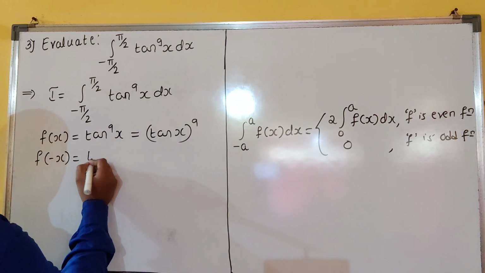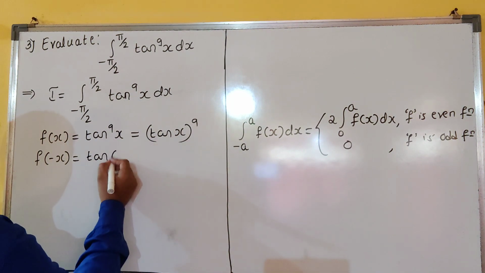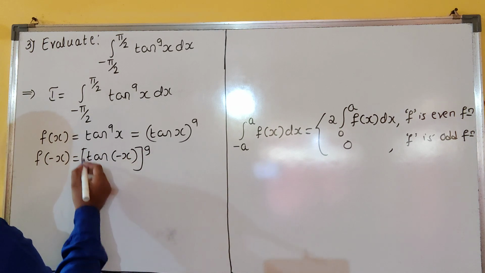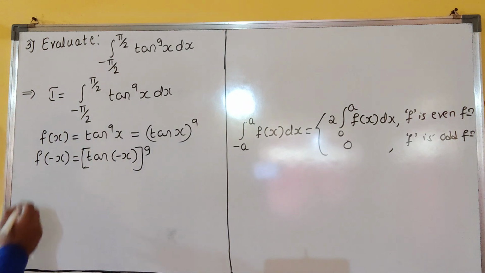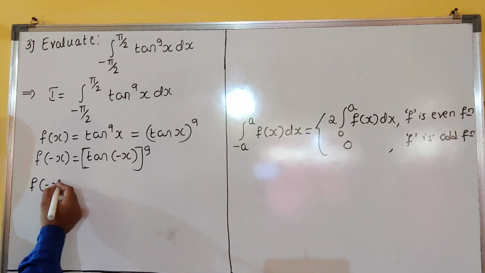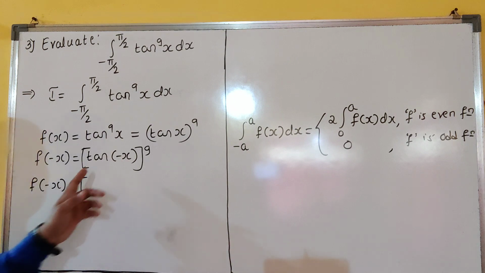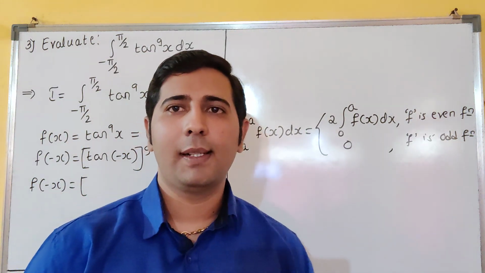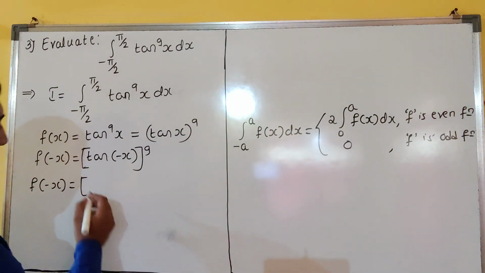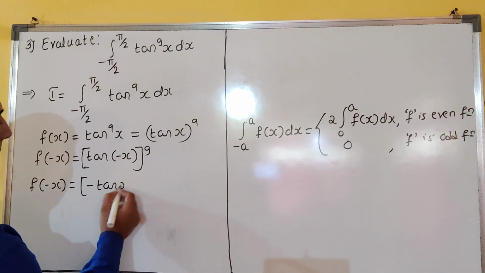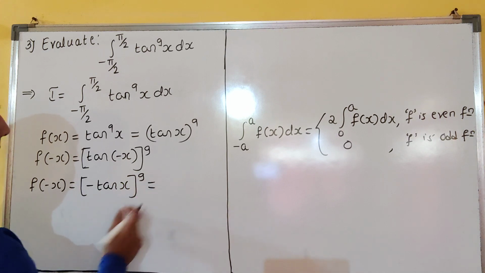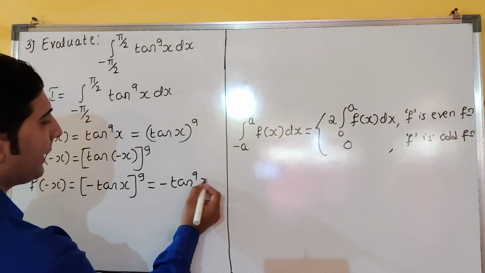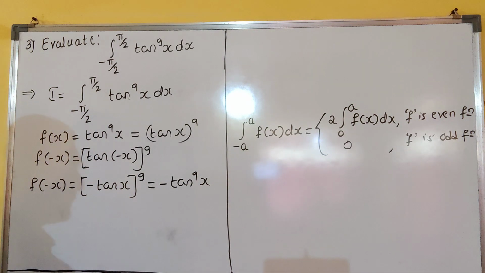So now see, tan of minus x raised to 9, clear everyone? Tan of minus x is minus tan x, dear students. Minus tan x raised to 9 will become minus tan raised to 9x. Odd number means negative will come out.